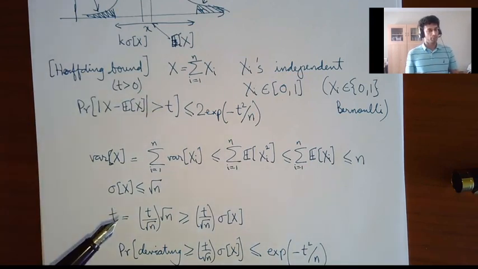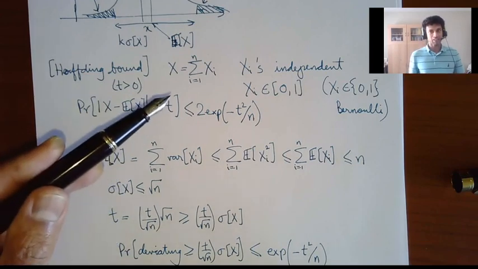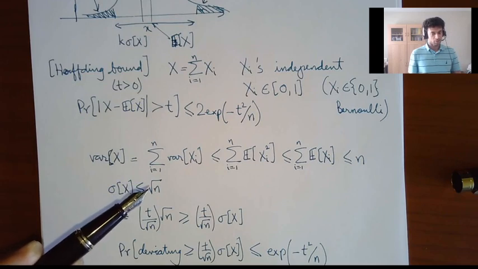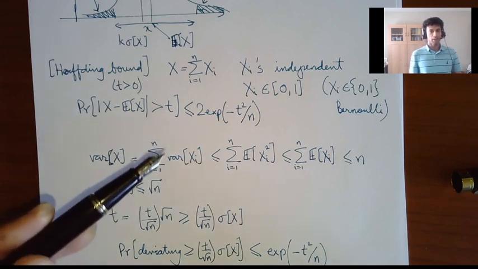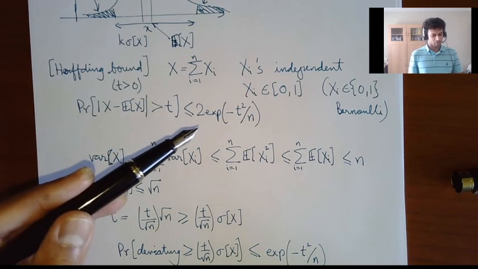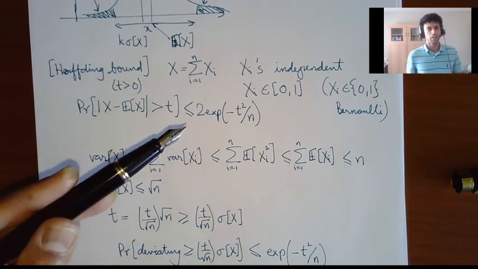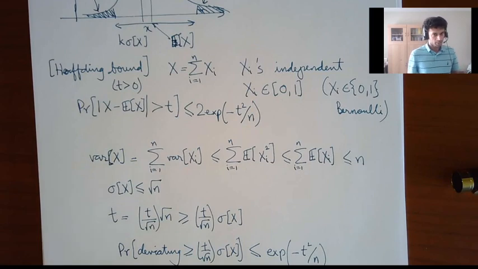That's what the Hoeffding bound tells me. And when I plug in the bounds of the Gaussian, I essentially get this, up to the constant. There are some differences of constants, but ignoring the constants, this is what I get. So the Hoeffding bound tells me that when x is the sum of independent random variables, I have a sub-Gaussian tail.